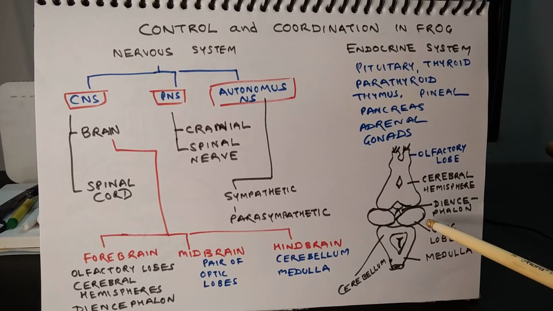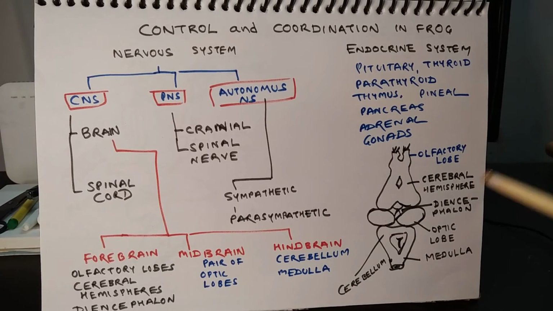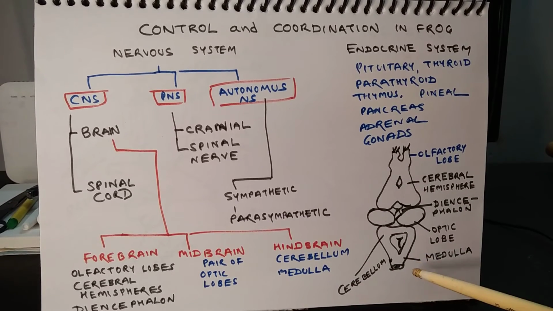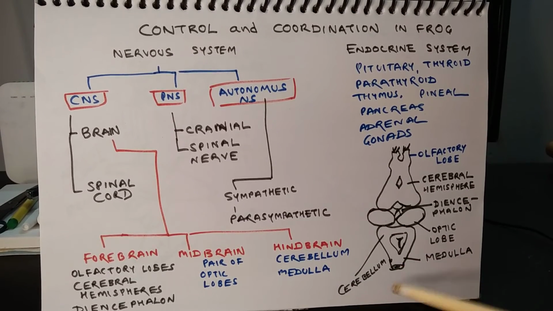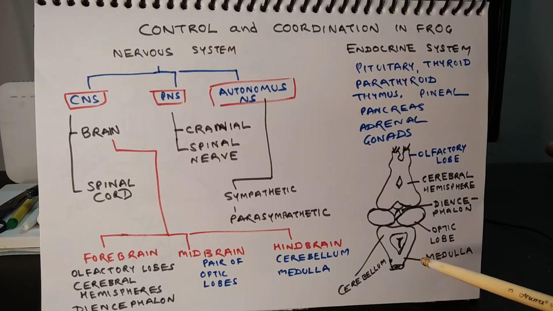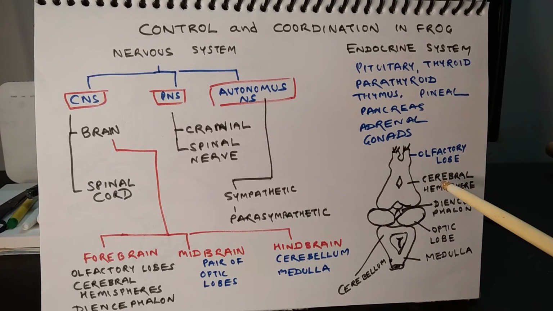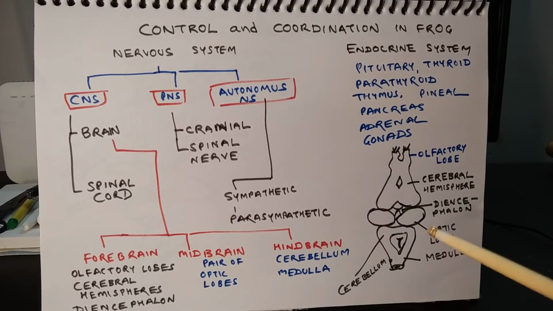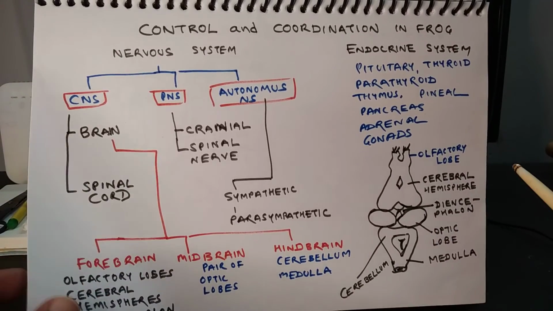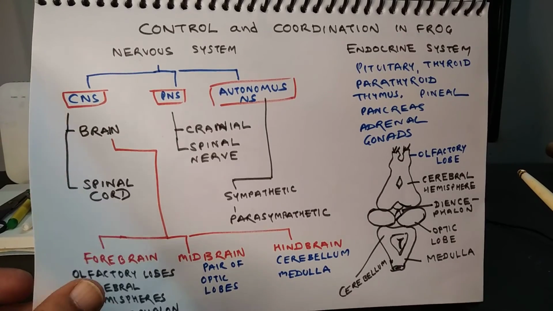The midbrain is composed of a pair of optic lobes, and the hindbrain is composed of cerebellum and medulla. And medulla goes out through a foramen or a hole in the skull and continues into the spinal cord. The skull is also called cranium or brain box because brain is enclosed and protected inside this bony enclosure.